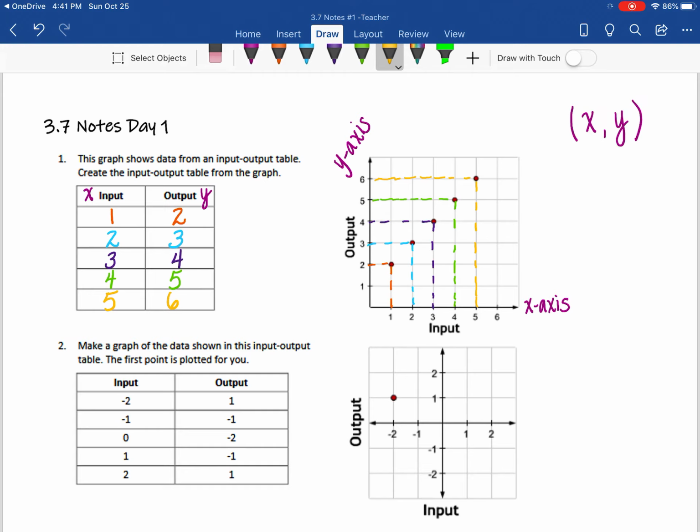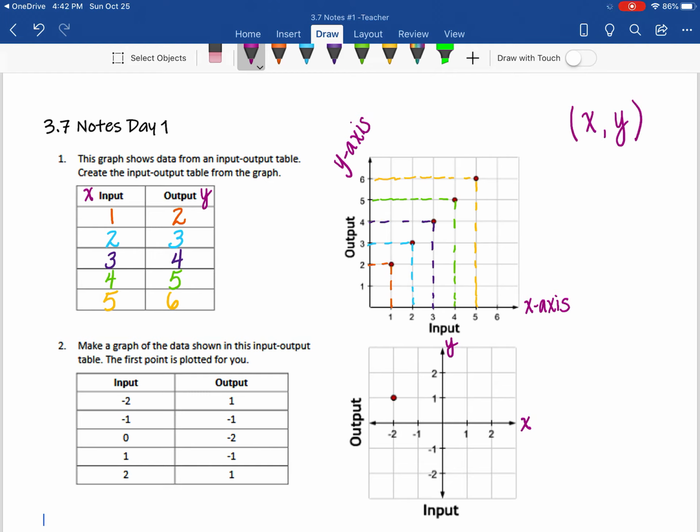Okay, now we're going to do the opposite. So we are going to take the input and output from the table, and we're going to plot it on the coordinate plane to the right. So again, I'm just going to label that this is my x-axis, this is my y-axis, also known as input and output. And I'm going to start with my first point here.